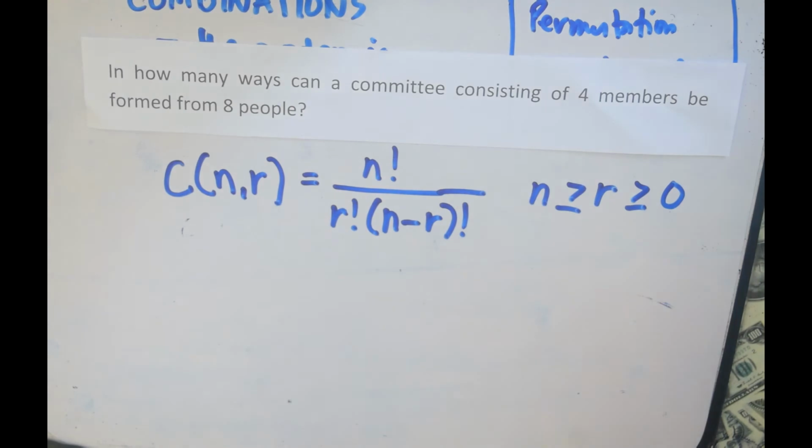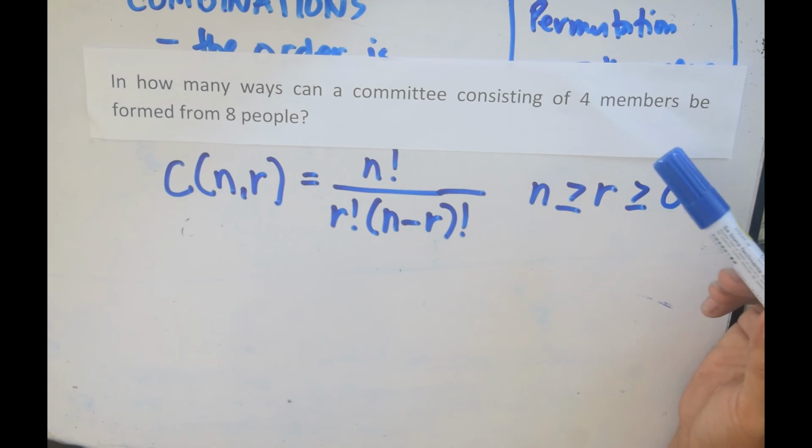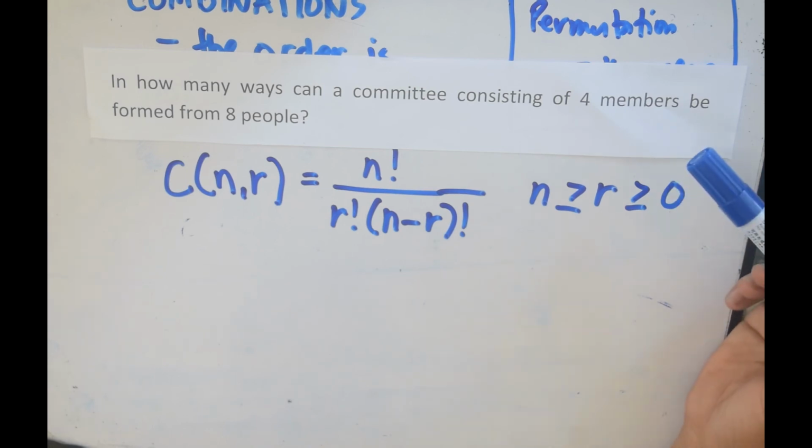In how many ways can a committee consisting of 4 members be formed from 8 people? So, is the order important here? You have to ask yourself if the order is important. If the order is important, it is permutation.